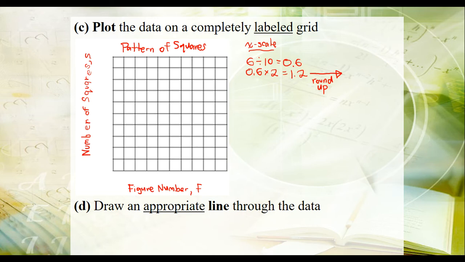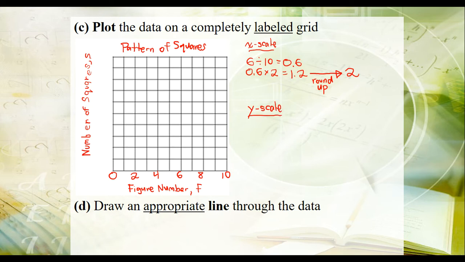So if you're at 1.2 and you round up to the nearest whole number, that would be 2. Therefore, we can label this as every second grid line going up by 2. So you'd have 0, 2, 4, 6, 8, and 10. That's going to be much easier to plot the points compared to going up by 1.2 every second grid line.